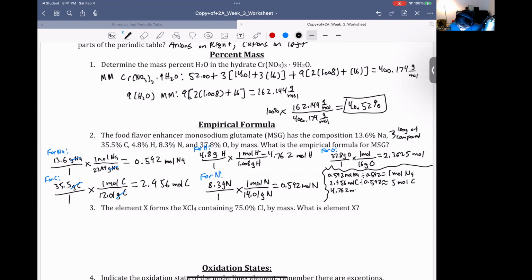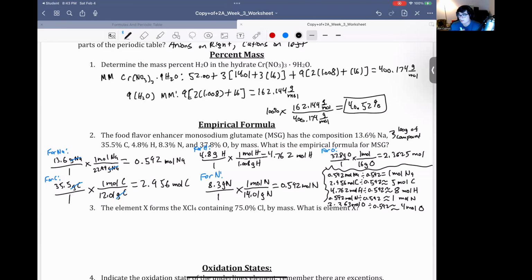This is essentially telling me for every 1 mole of sodium, I have 5 moles of carbon, 8 moles of hydrogen, 1 mole of nitrogen, 4 moles of oxygen. You can also, this is the same with atoms. So for every 1 atom of sodium, I have 5 atoms of carbon, 8 atoms of hydrogen, 1 atom of nitrogen, and 4 atoms of oxygen.